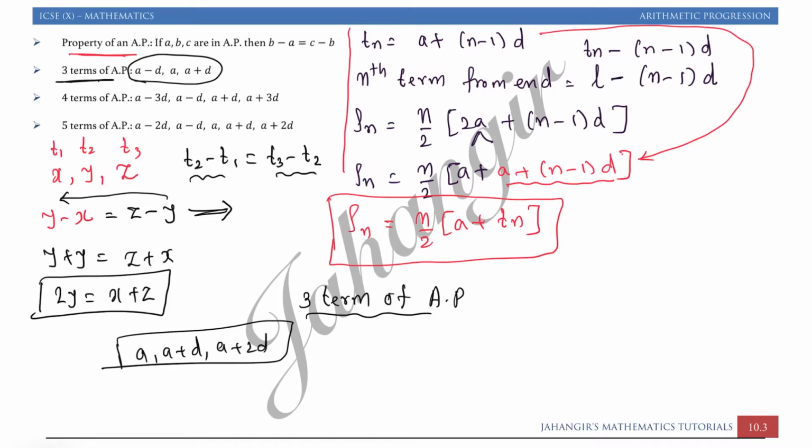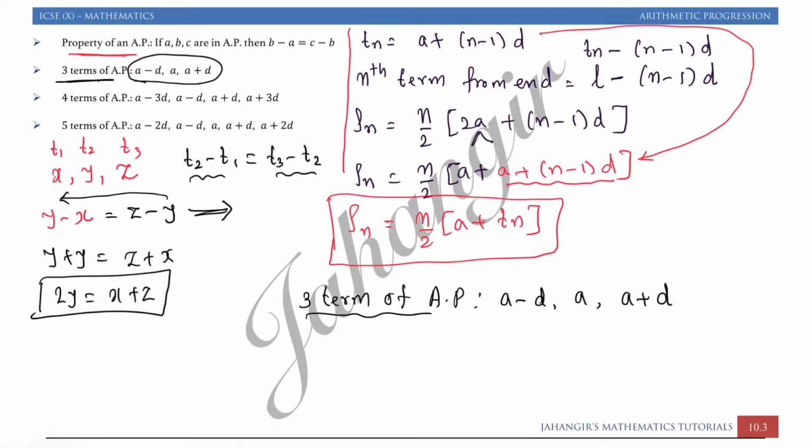So for that there is a specific pattern in which you can use a minus d, a, a plus d. This is the form when we have only three terms of an AP. For four terms of AP, we can use a minus 3d, a minus d, a plus d, a plus 3d.